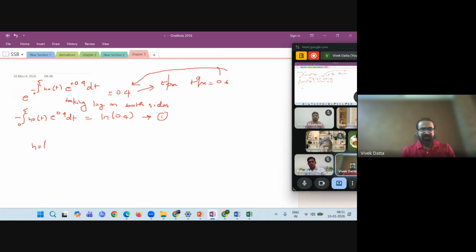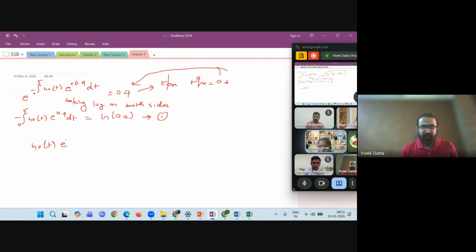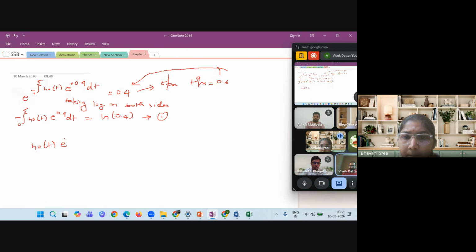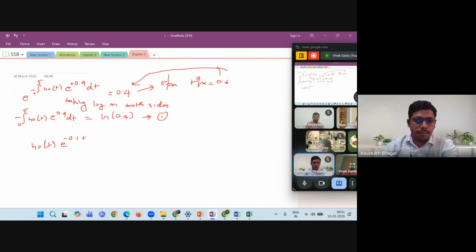H naught T e raised to term assurance is what? Minus 0.1. Minus 0.2. 0.1. Minus 0.1. Okay. The other one was female. Female is what? 0.2. Okay.